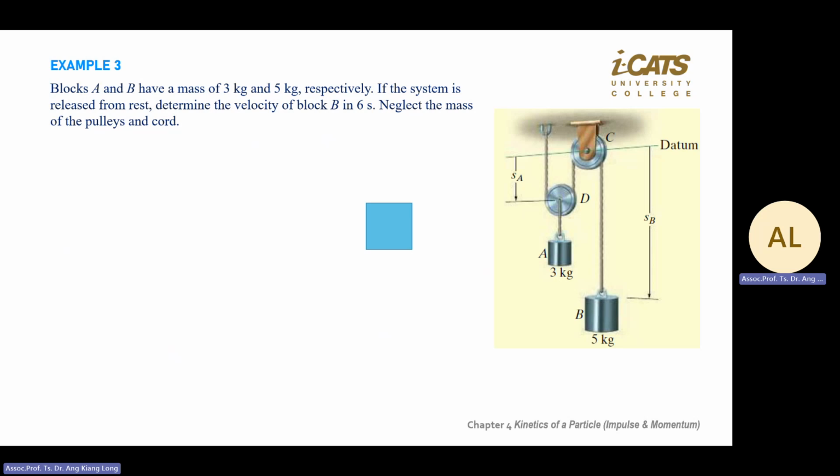So you still need to use the pulley equation, and then you need to draw a free body diagram. The free body diagram will help you find the tension of the cable, how many tensions that you have. So we start with the free body diagram.